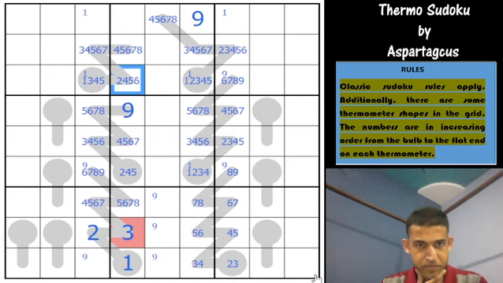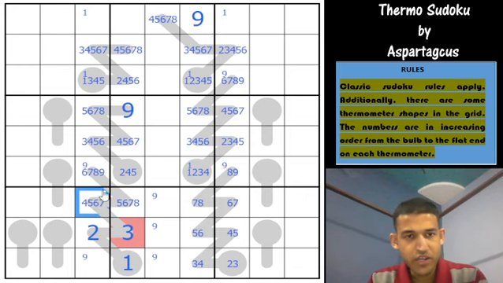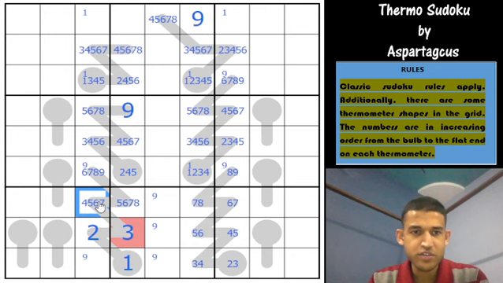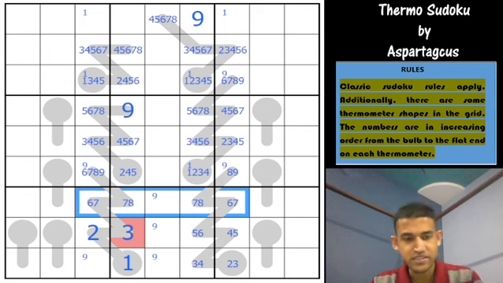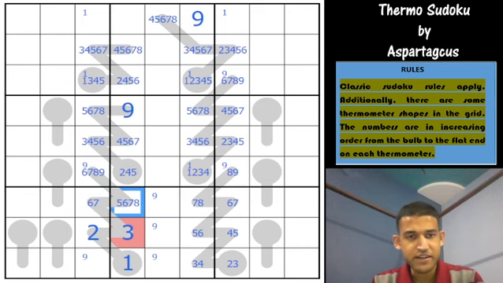Now let's see. Okay, this cannot be 6 or 7, because if this is 6 or 7, right, look what happens. This becomes 7 and 8, and you have 6 7 8, only 3 digits in 4 cells. That cannot happen. So which means that cannot be 6 and 7, so that would be 4 and 5.